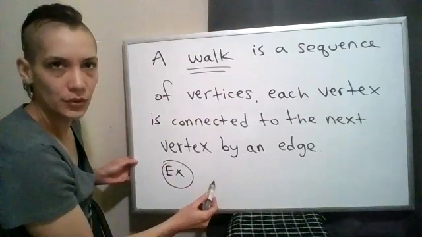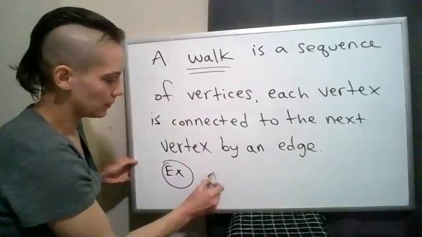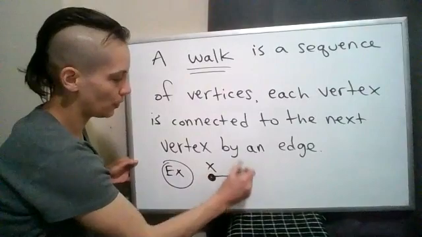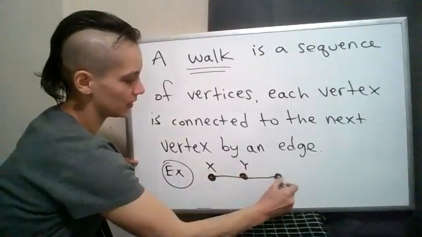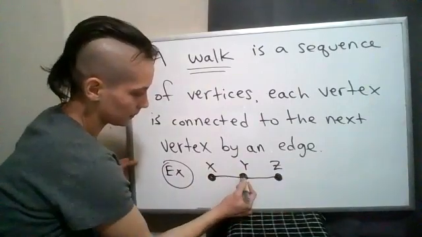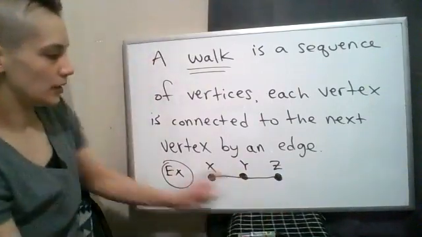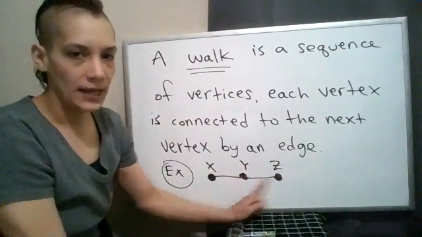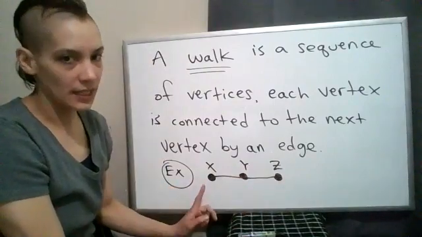Okay, just a simple x over to y, just straight over to z. So you can go y, z, y, x, that's a walk.